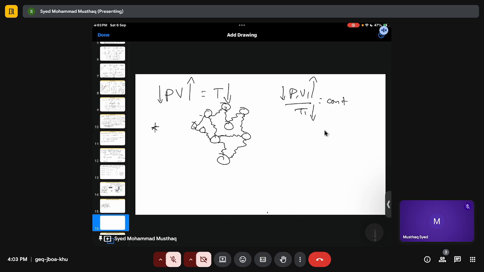Now, when you try to compress them, when I increase the pressure, say from 1 atmosphere to 10 atmospheres, there is compression.